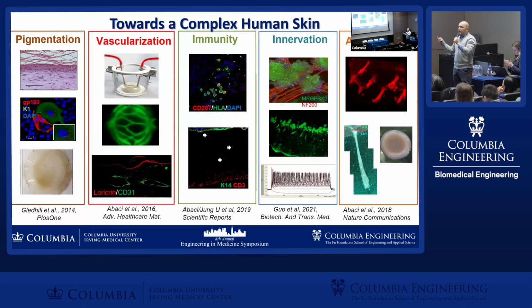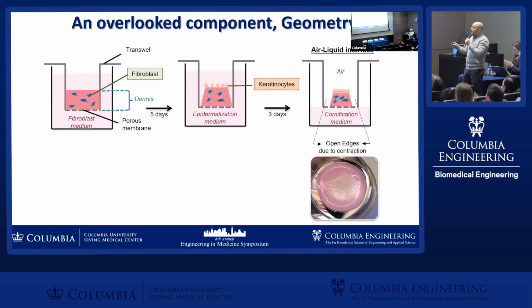But as I was working on these projects, and when I started my lab, we got really interested in one component that we really overlooked for years, which is the geometry component. Here, I want to show you a typical process that is still used today to generate 3D skin in vitro. We start by encapsulating dermal fibroblasts in a hydrogel that is typically collagen type 1.